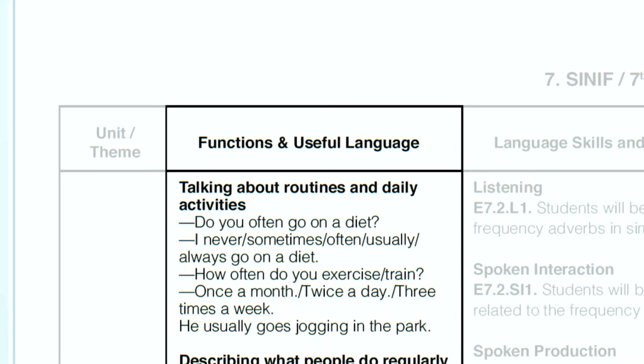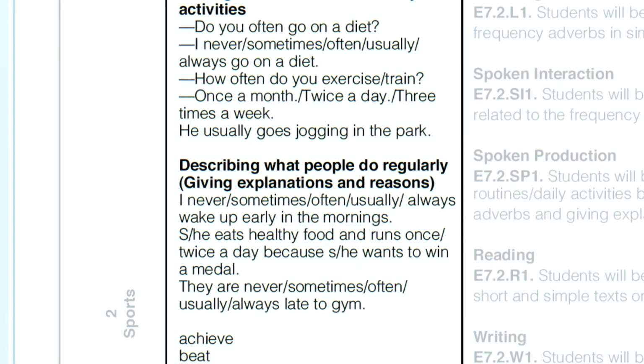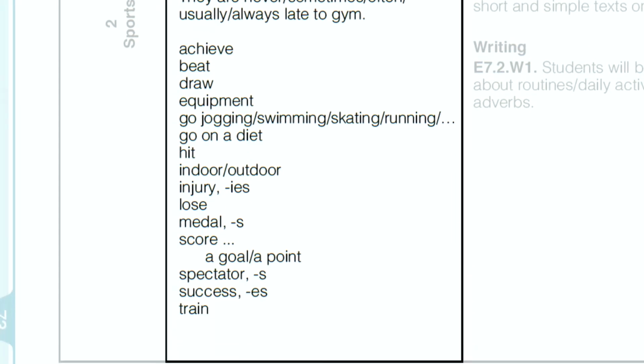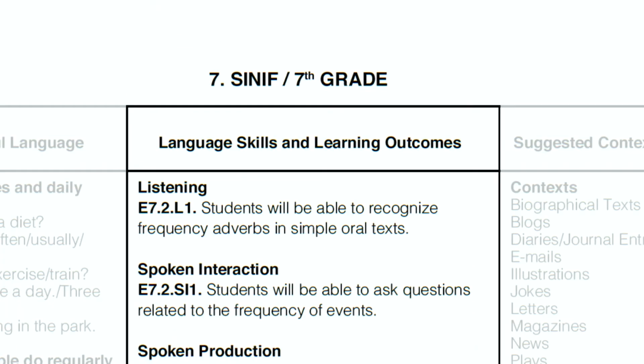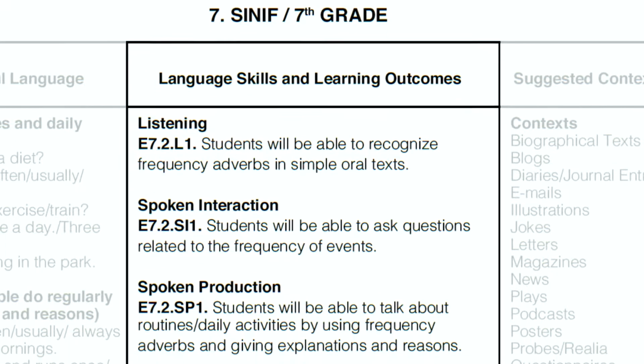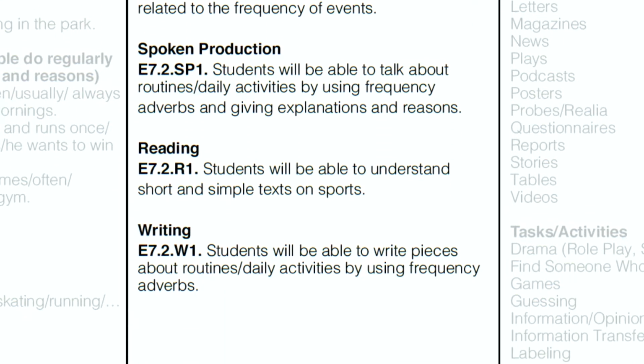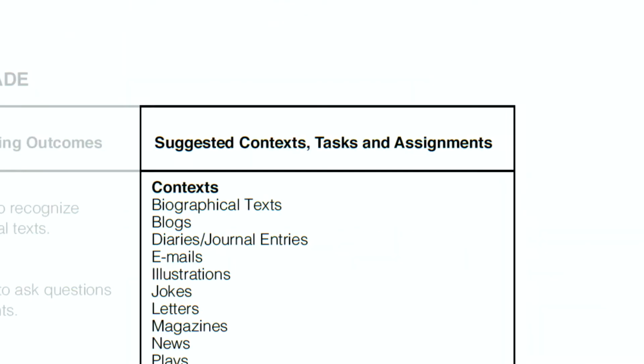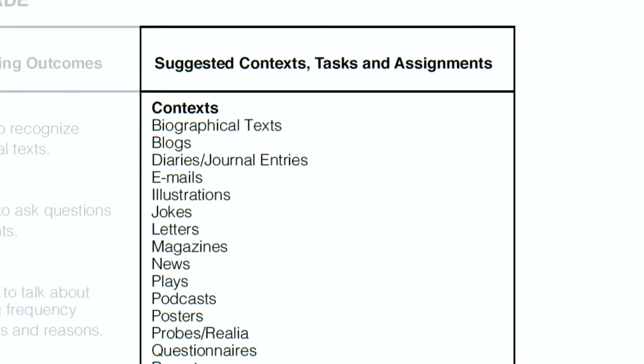The second column is functions and useful language. The third one is language skills and learning outcomes. And the last one is the suggested contexts, tasks, and assignments.